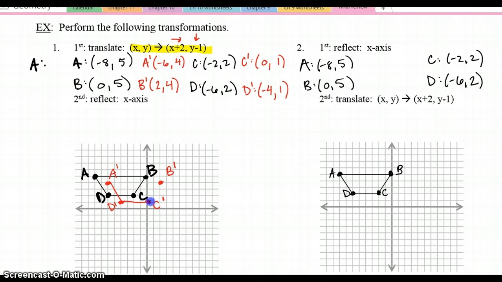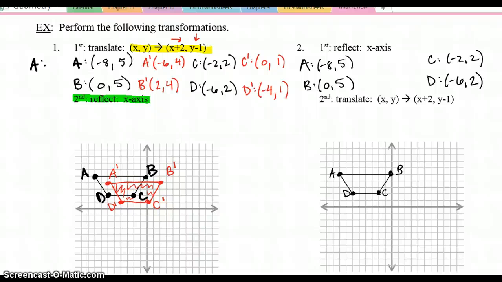So here is my translated image. You can see that all I've done is shifted the image down and to the right. So next, what I'm going to do second is I'm going to reflect this image over the x-axis.